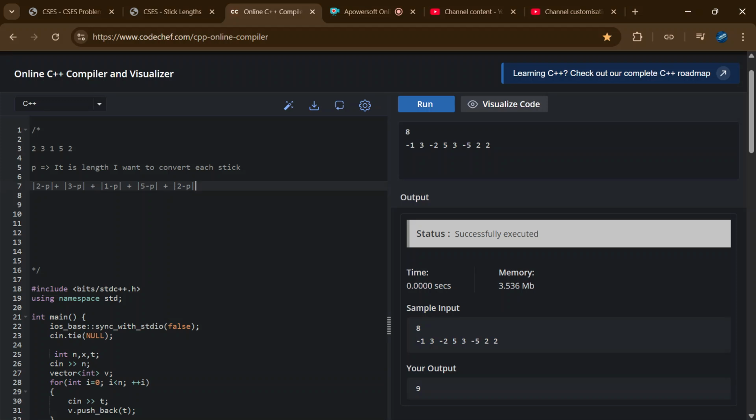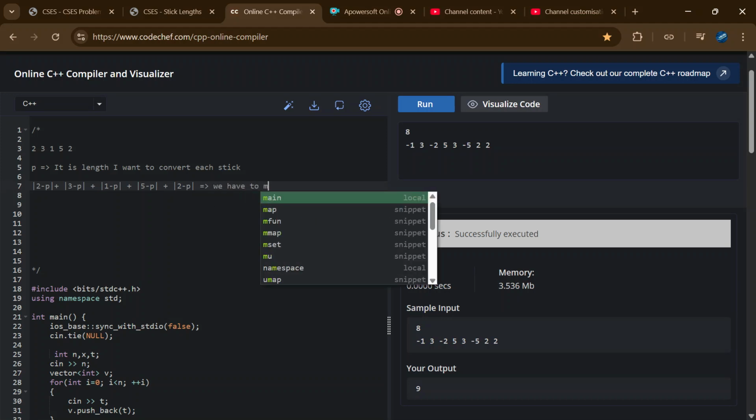So we have to minimize this. We have to choose p such that the sum of this is minimum.